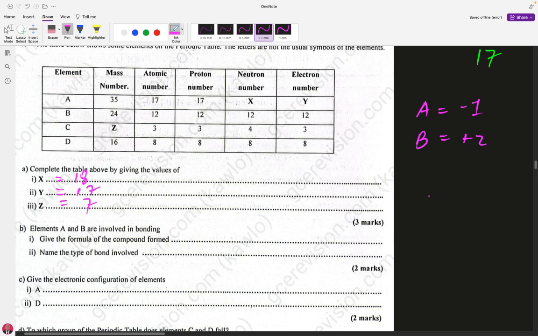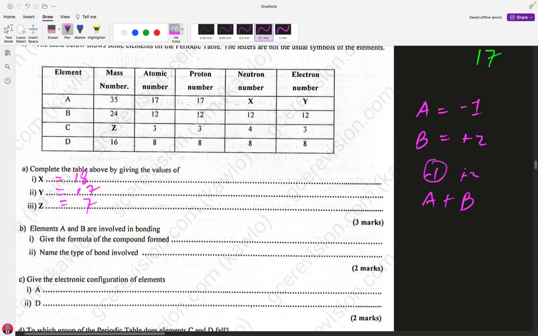For them to have a formula, this is A plus B. We have a charge here of -1, which is just 1, and we have a charge here of +2, which is just 2.